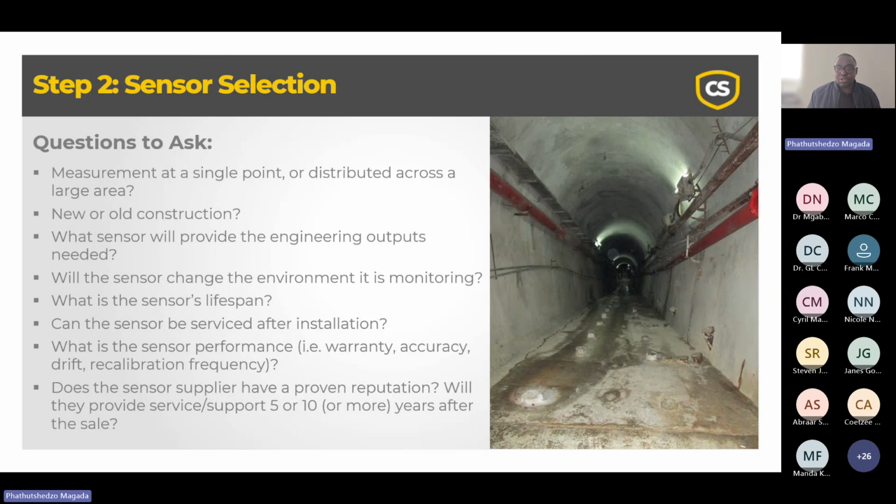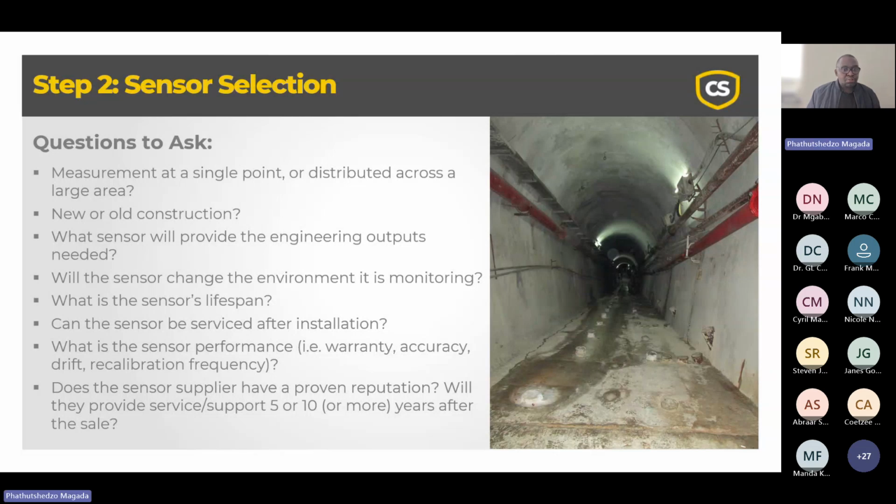When we talk about a single point, a piezometer is a good example of single point measurement, because it measures groundwater pressure at a specific depth. Whether the sensor will be distributed across an area needs to be determined.